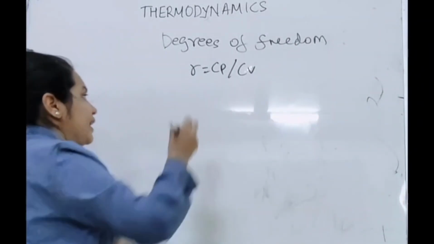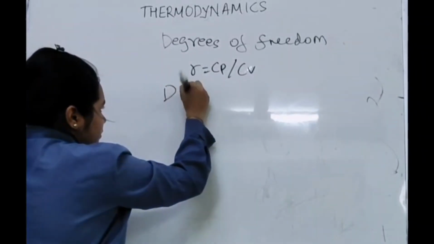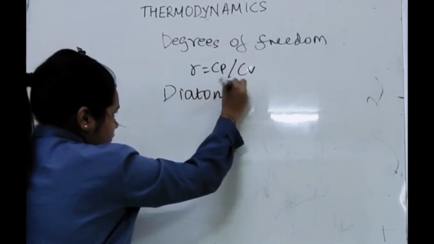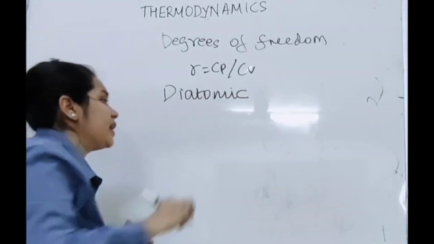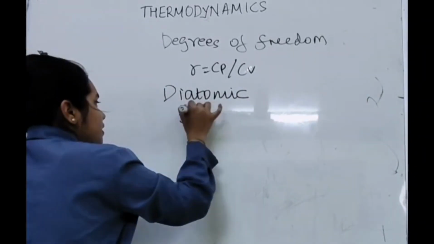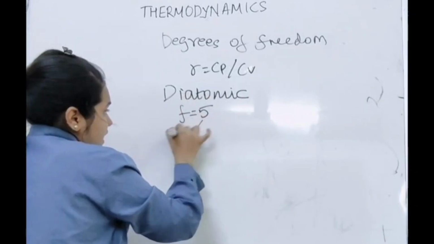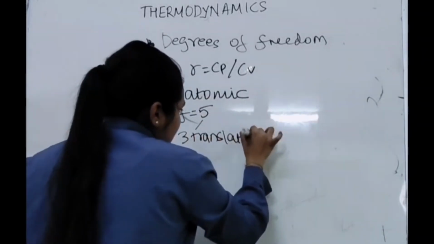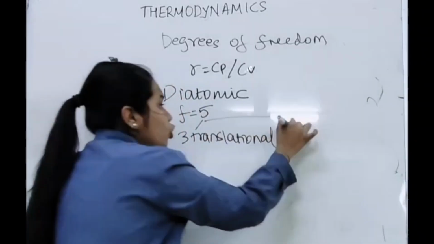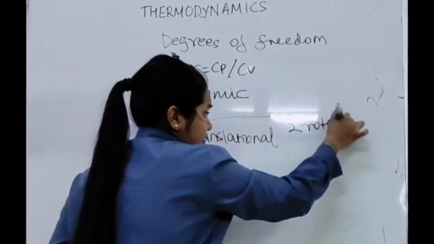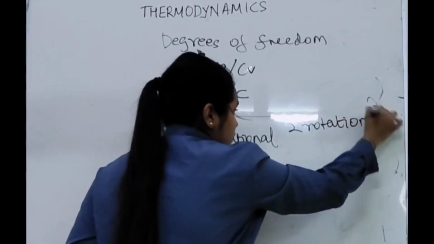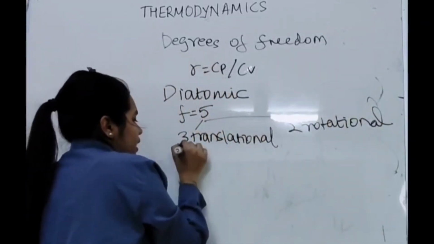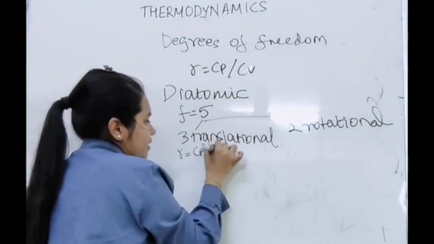Next, let's go to diatomic. For diatomic, the degrees of freedom is 5 because there are 3 translational and 2 rotational. So gamma equals Cp by Cv.